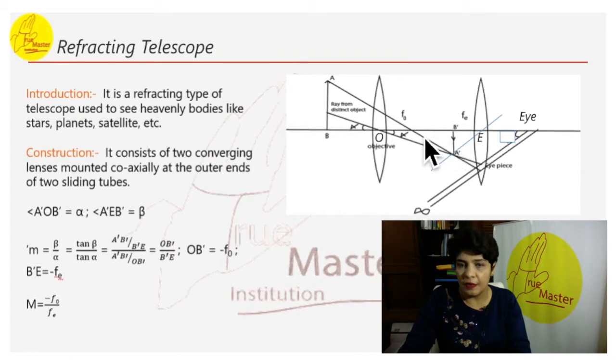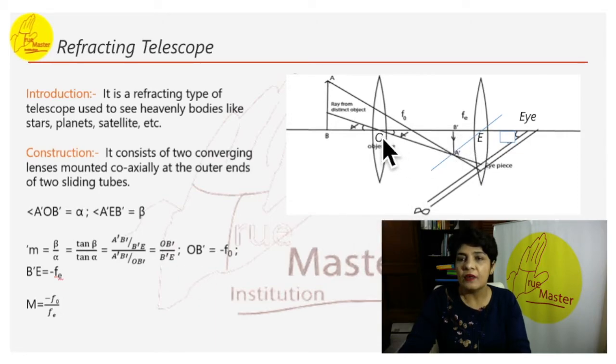If we divide these two, A dash B dash in numerator and denominator gets cancelled and we are left with OB dash by B dash E. The value for OB dash is minus F naught, that is the focal length of the objective lens.